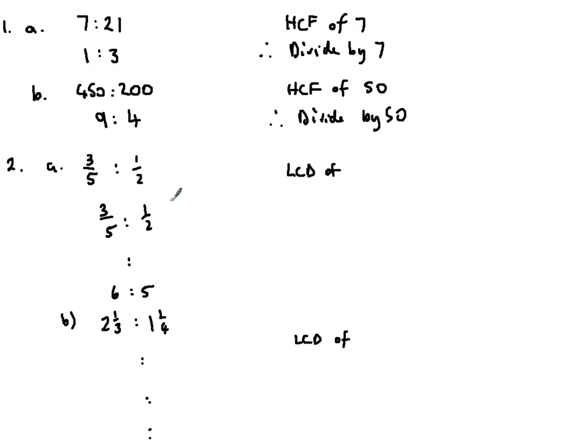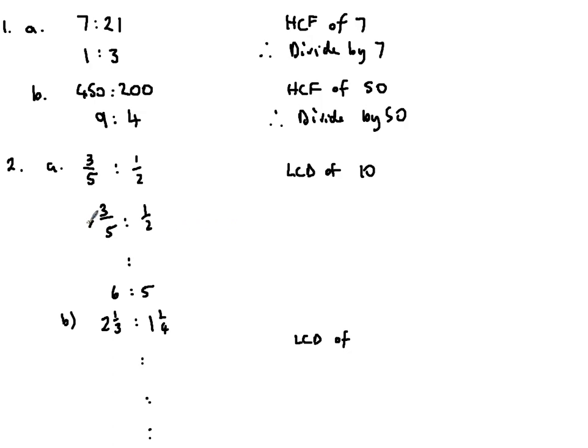Where we have fractions, we can look at how to multiply the fractions out. So in this case here, we've got 3/5 and a half. The lowest common denominator of 5 and 2 is 10. So if we multiply both sides to make the denominator of 10, we'll be able to multiply out the denominator.